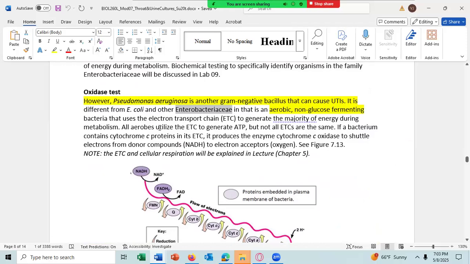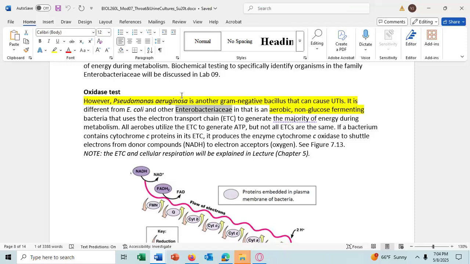The family Pseudomonaceae are all aerobic, non-glucose fermenting bacteria. The family Enterobacteriaceae are all facultative anaerobes, so they're not strict aerobes, and they all ferment the sugar glucose. But the oxidase test is the one frequently used to distinguish it, probably because it is a very quick test and you get the results right away.